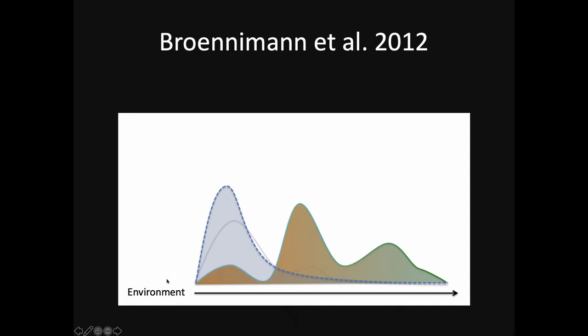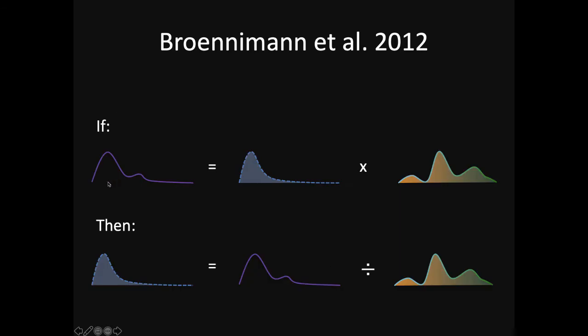So the idea is that this purple thing here, the occurrence of the species, is the product of these two distributions. And you can do the very simple math that says that if the presence of our species is the product of these two things, then this, you can call this fundamental niche or some sort of preference function or whatever you want to call it, you could get this out, which is the niche that we're interested in, or at least something like it.